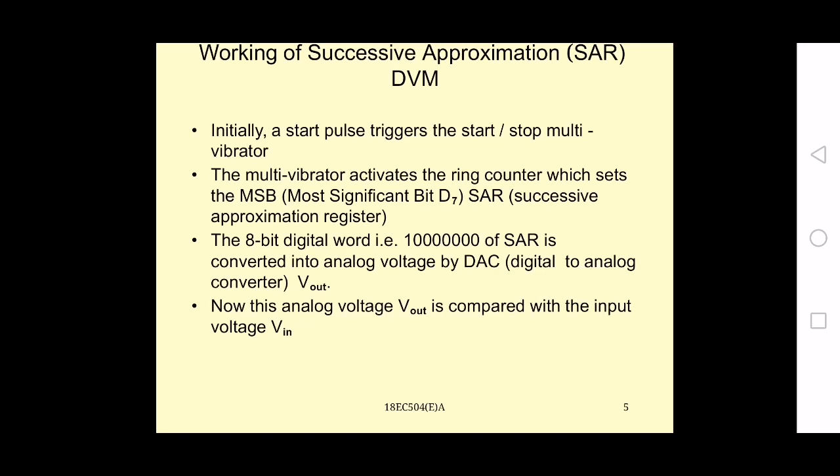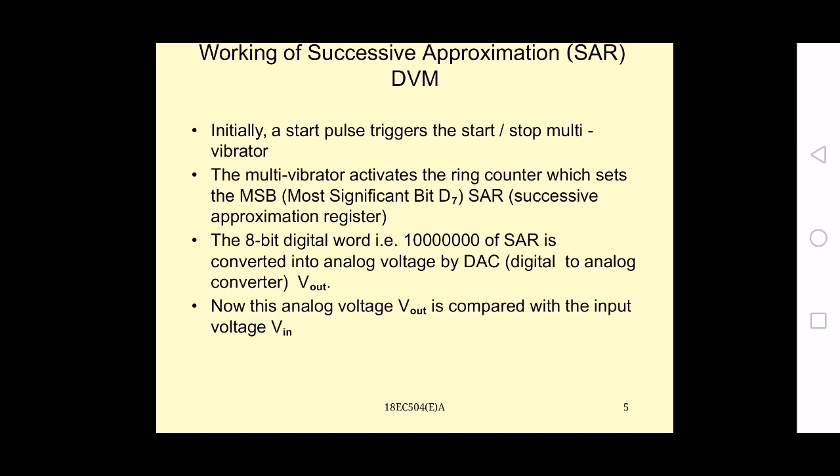Then it converts that 1 all zeros to the corresponding analog voltage V out. That V out is compared with your V in, the unknown input voltage, and the analog voltage coming from the D to A converter.